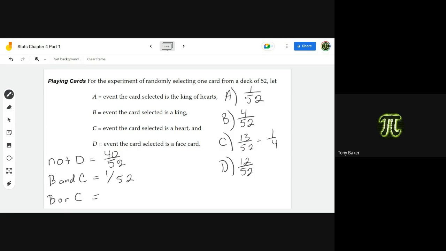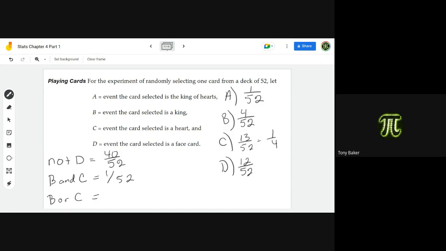What's the probability that it's B or C? Is it 16 or 17? One answer is 17.